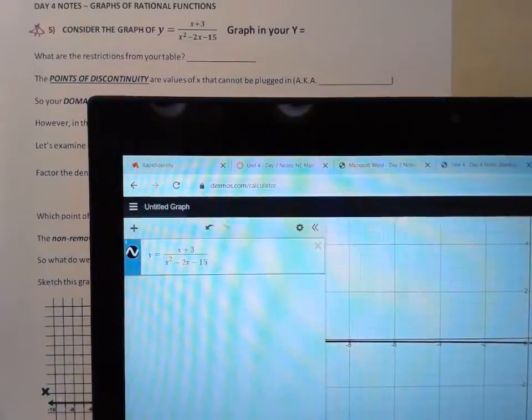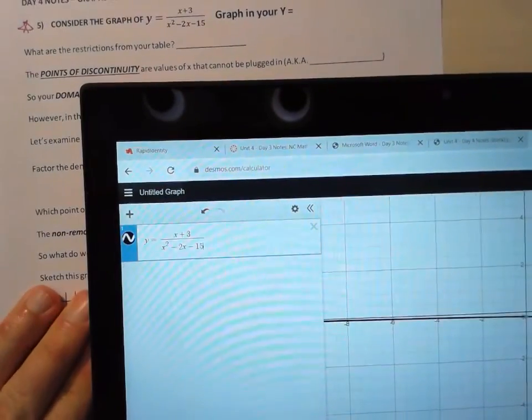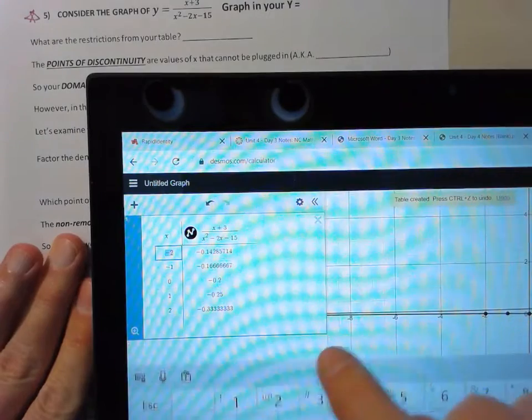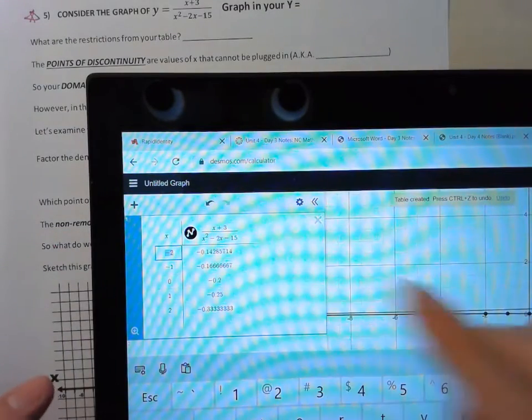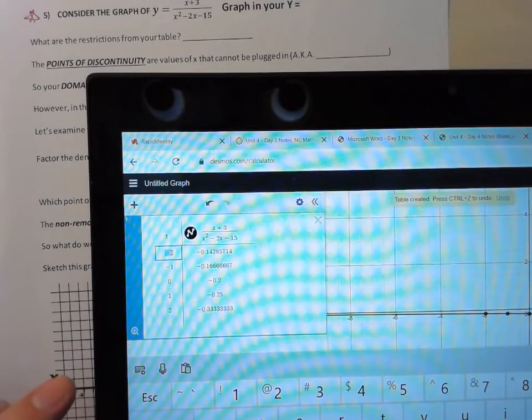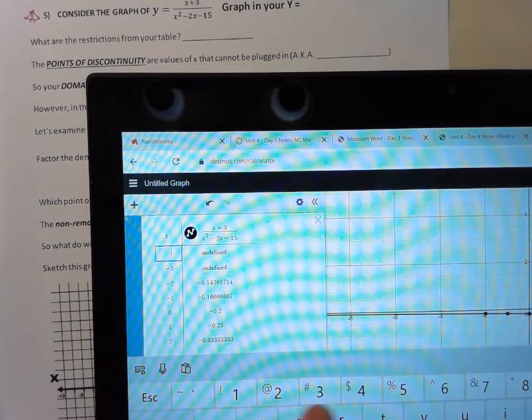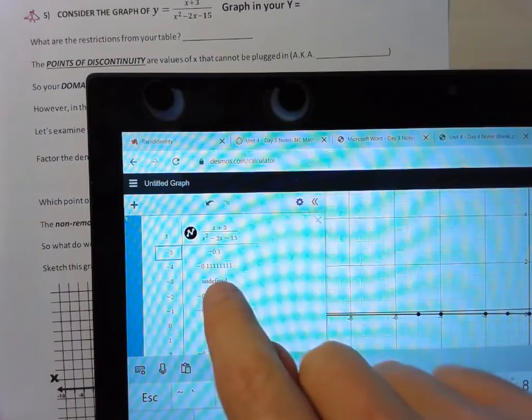So what we want to do here is look at your table for a minute. And we might have to adjust some of the numbers that we're putting in. I'm going to go up. And I'll start at -5.